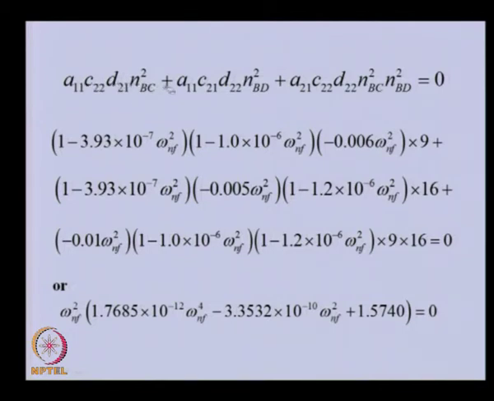So, we can substitute these various terms from the 3 matrices which we obtained. So, we will get an expression like this, and if we simplify, we will get a polynomial of this form, and you can see that one of the natural frequencies is 0 and the other two natural frequencies will be obtained from this quadratic part.